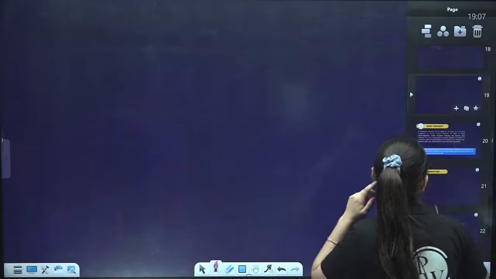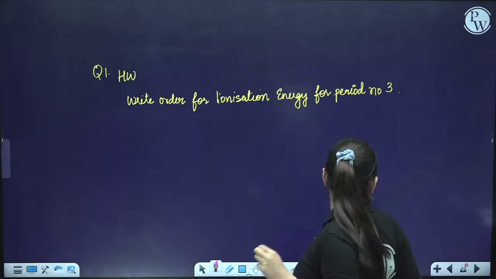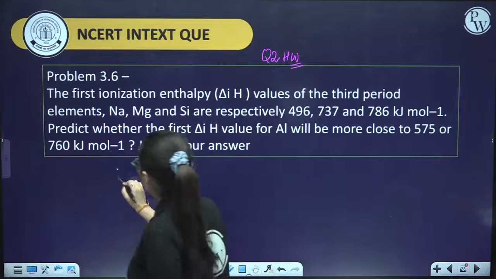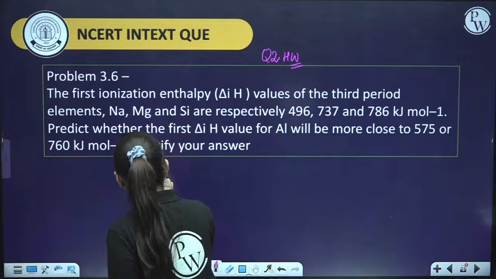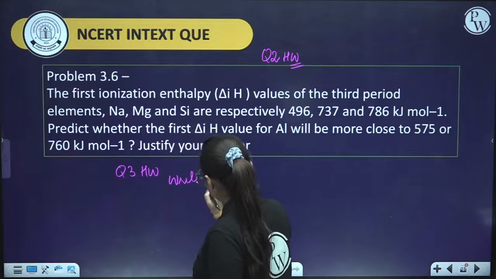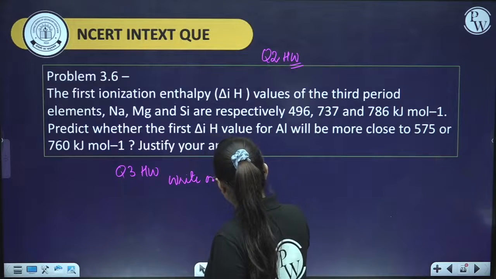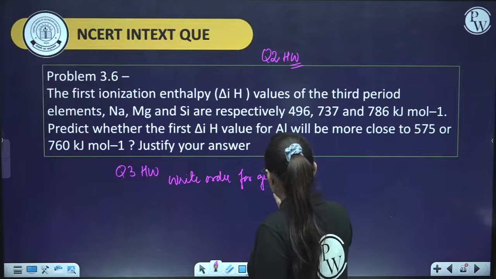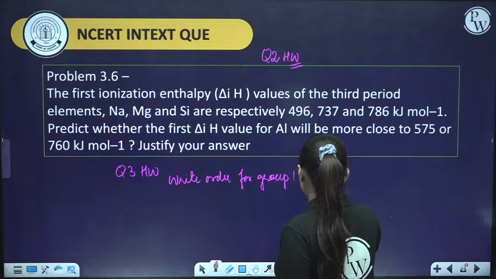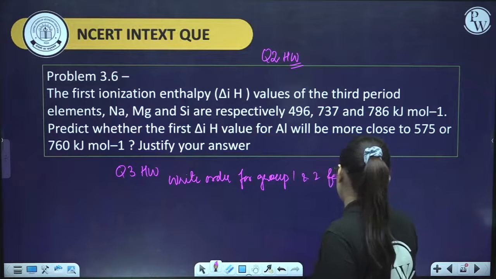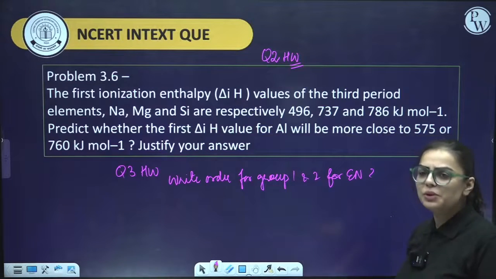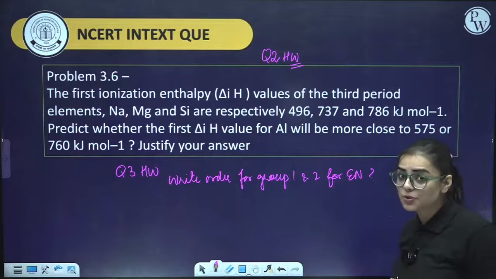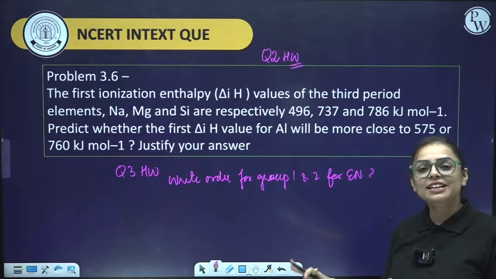I am writing it over here only. Question third as a homework is: write the order for group 1 and 2 for electronegativity by your own. Rest I will do. It's quite simple. I'm saying there is no exception. Electronegativity, no exception.